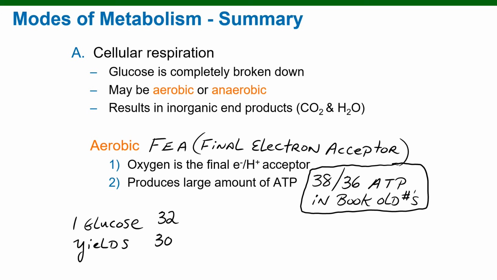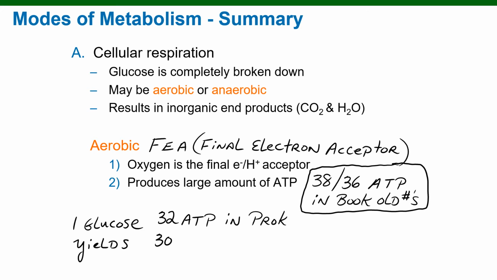And so we still see 2 molecules of ATP in the difference between 32 and 30, and specifically this refers to the difference between prokaryotes and eukaryotes. In prokaryotes, 32 ATP may result as a maximum yield from 1 glucose molecule processed.